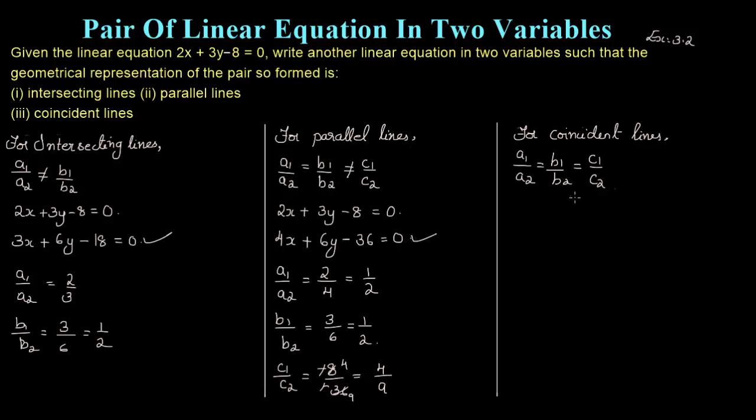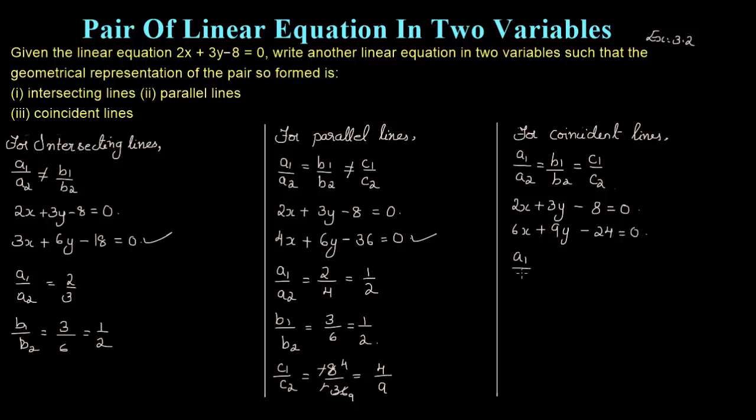Now let us come to the coincident line. For the coincident line, all the three ratios should be equal. So if this is 2x plus 3y minus 8 is equal to 0, the first line, then what is the equation you can have here? 6x plus 9y minus 24 is equal to 0.